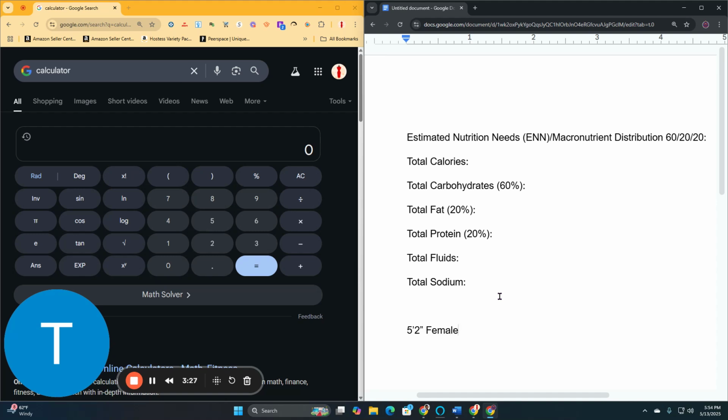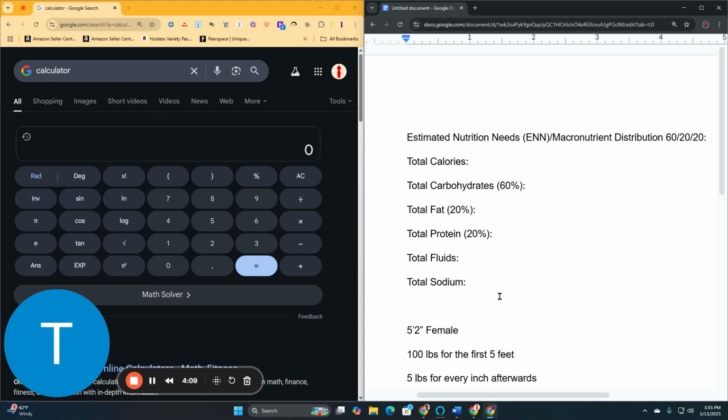For females, the calculation is 100 pounds for the first 5 feet, and then 5 pounds for every inch after that.